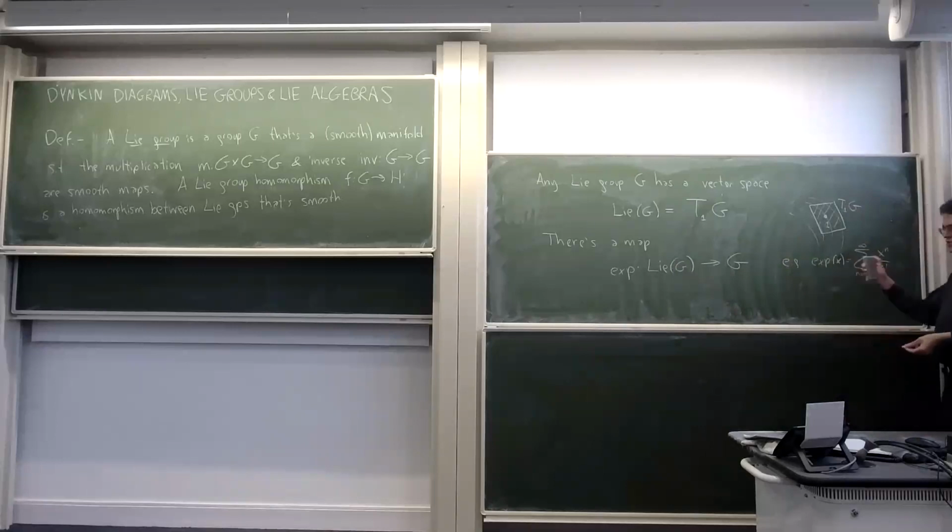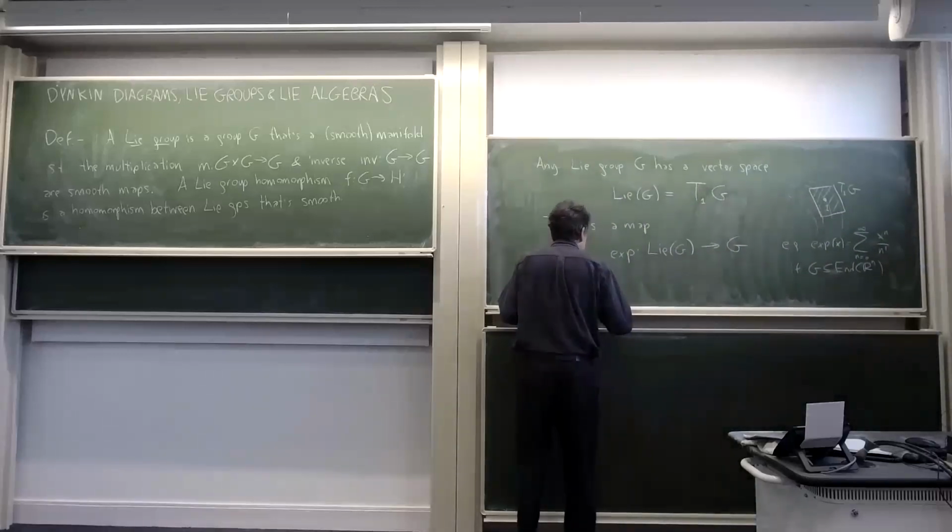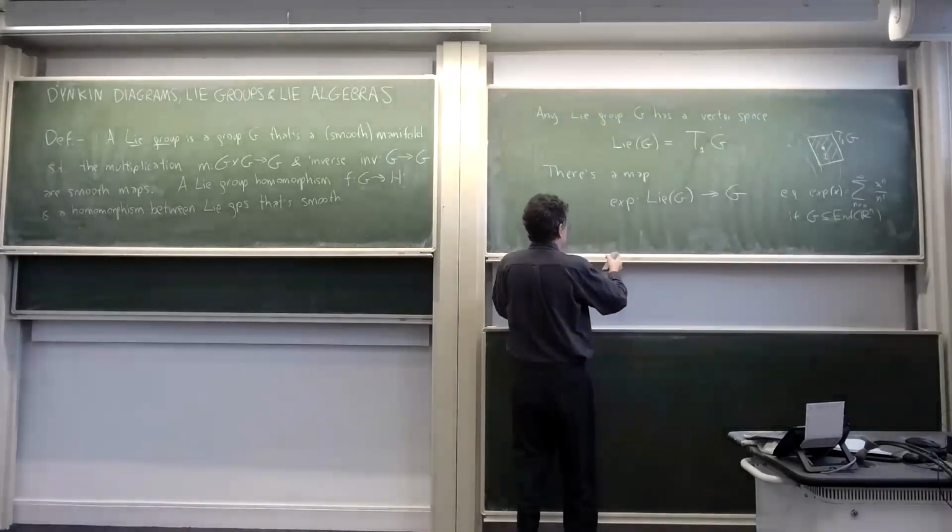So this is what it would be if G is a group of matrices, say real matrices. But that's all I want to say about it.